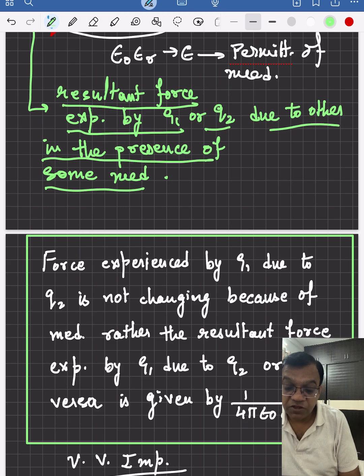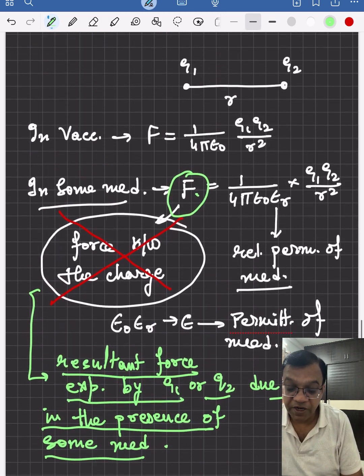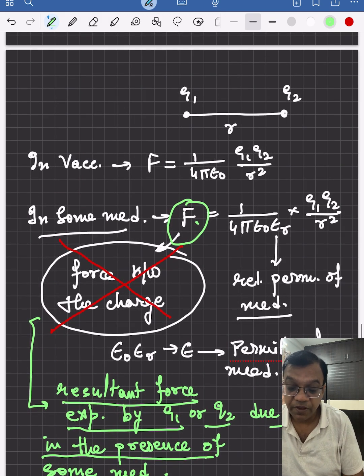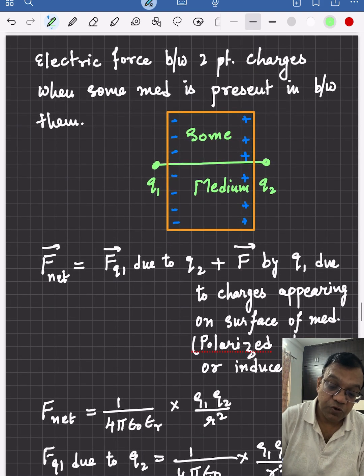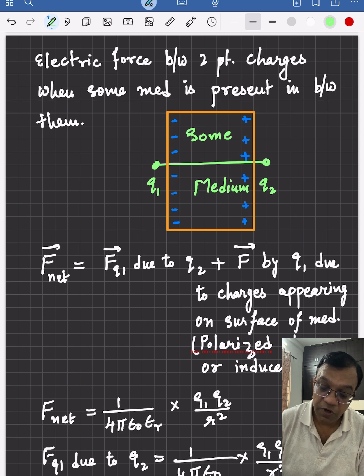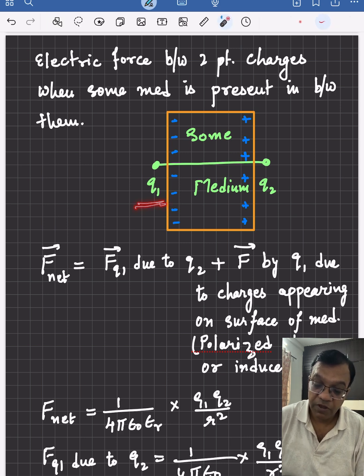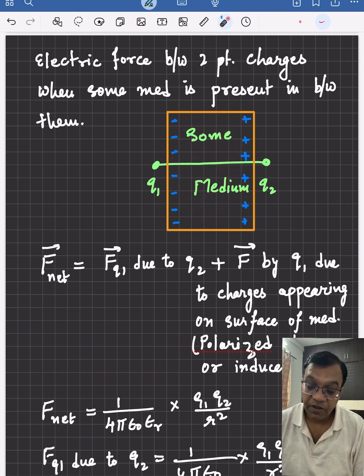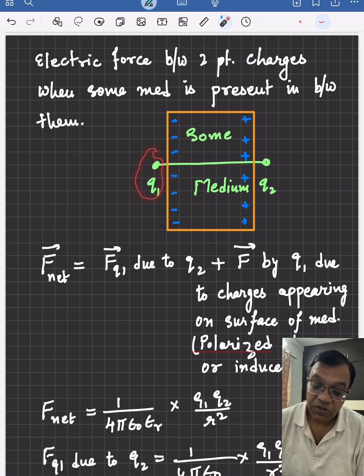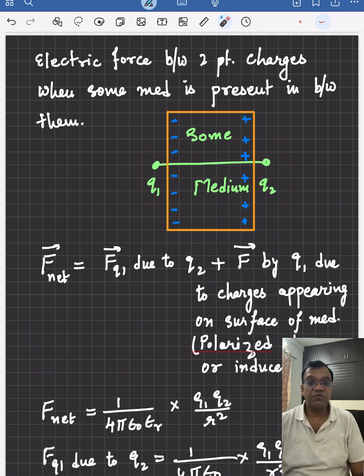Now, this particular thing I am trying to explain in detail. You see, we have two charges, Q1 and Q2, placed at a distance of r. This separation is r, and here we have some medium. The medium is filled. Due to these two charges, some disturbance will arise in the medium.